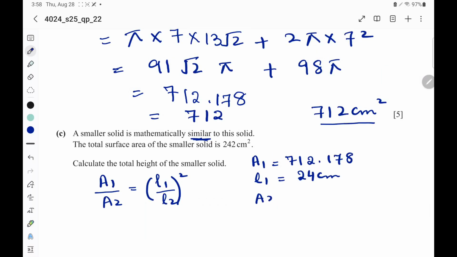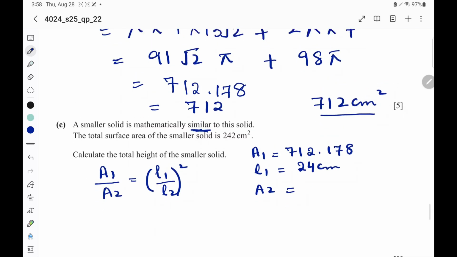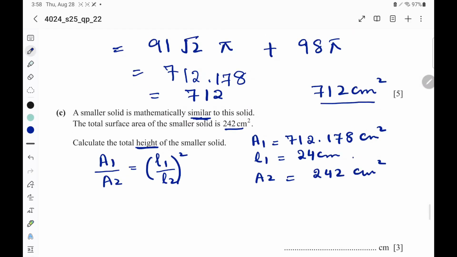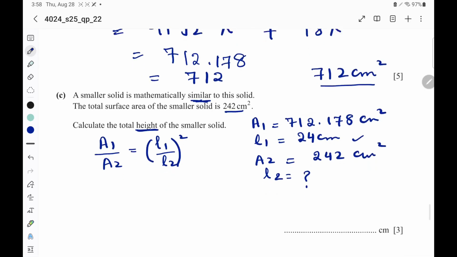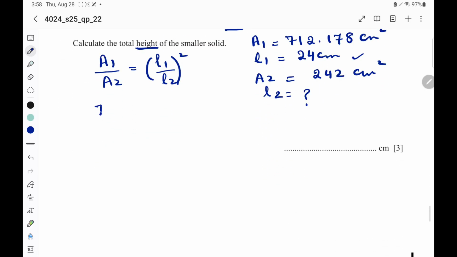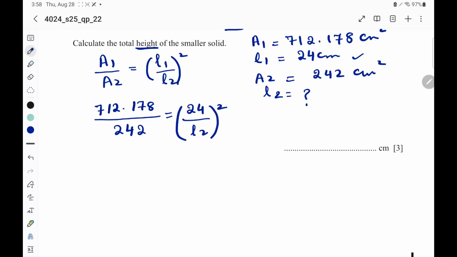Area of the smaller solid I'm using as A2, which is 242 square centimeters. And I find out the total height. So L2 is required. Just using this in the formula, that is 712.178 divided by 242 is equals to 24 divided by L2 whole square, or just use L, or height H also you can use.